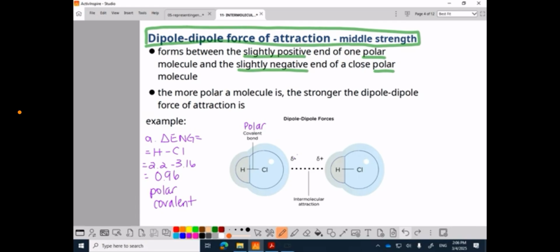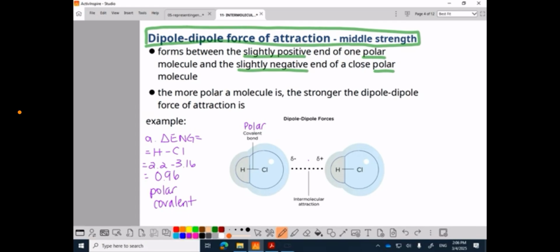The attraction occurs between the slightly positive end of one of the molecules and the slightly negative end of the other. So when you do questions, you're going to do the change in electronegativity first. You have to know whether it's polar or nonpolar, because if it's nonpolar, the most important force is London dispersion. If it's polar, there's a little bit of choice. When we're representing intermolecular attractions, even though this is dipole-dipole, it still looks similar to what we did with London dispersion.